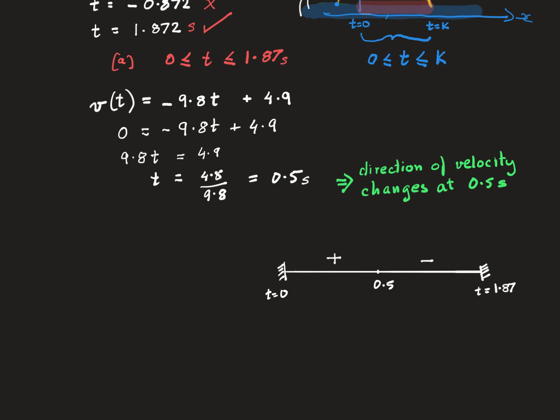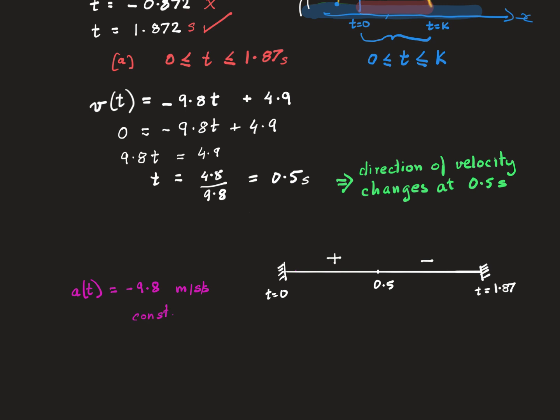Now, to do this acceleration, we need to differentiate again that velocity function, and all we get is minus 9.8 meters per second squared, and that is a constant.